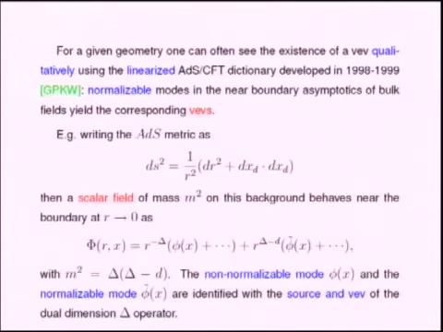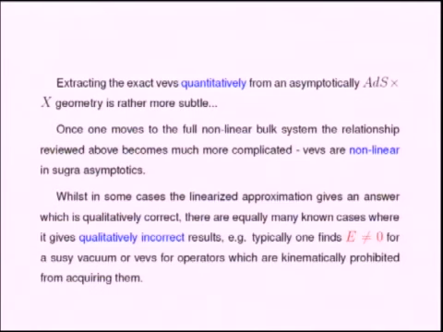So the point is that this was taking a scalar field on a fixed background. It was looking at the linearized problem. If we have a full solution of the supergravity equations, the relationship reviewed above is a lot more complicated than this. The VEVs are highly nonlinear in the supergravity asymptotics.